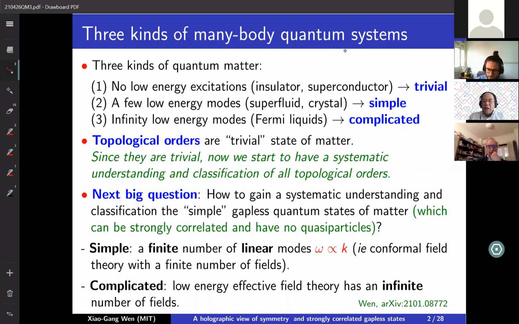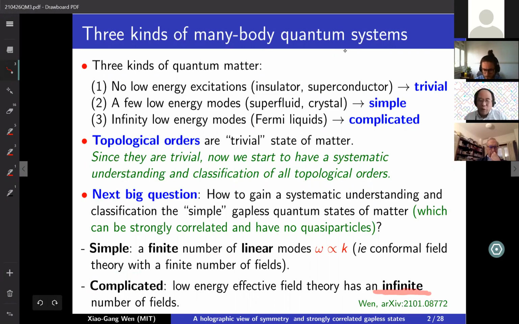And here I want to explain that simple and complicated really means that simple means there are only a few linear modes, meaning frequency proportional to momentum. So there's a linear dispersion relation. And the complicated, like a Fermi liquid, actually from a field theory point of view, you have to use a field theory with an infinite number of fields to describe them.